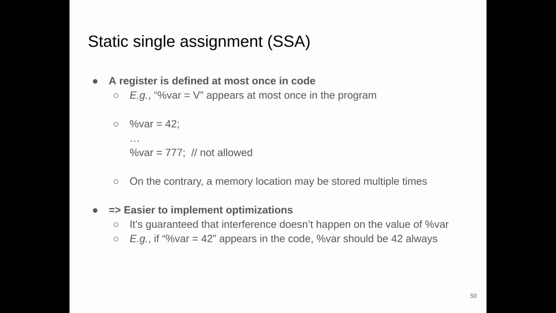SSA is fundamentally about registers. Maybe later we can discuss memory SSA, which is SSA for memory locations, but it is a more advanced topic, and we are not going to discuss it for the time being. So for now, let's assume SSA is fundamentally associated with registers, not memory locations.